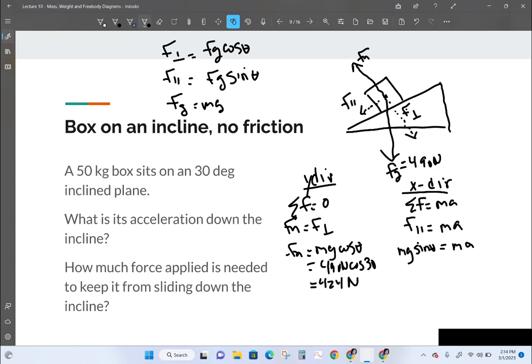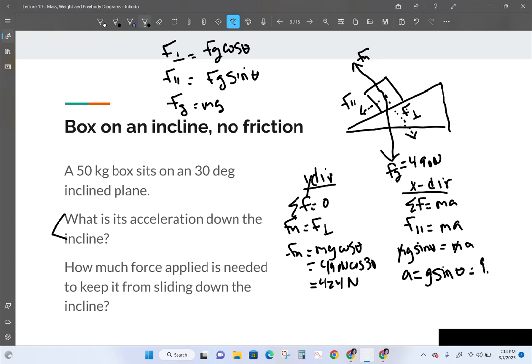I want you to see something. Without putting any numbers, I can make this really easy equation. The m's cancel out. So really the acceleration, which is what we want to find, is equal to g times sine of the angle. It means it doesn't really matter how much mass is there if there's no friction. It's just g times sine of the angle.